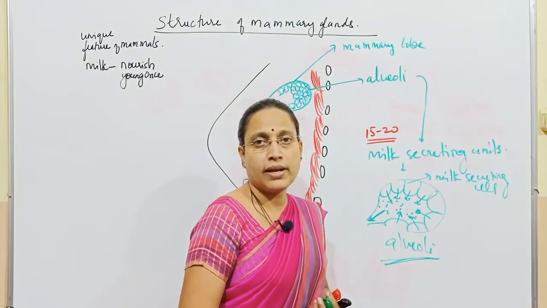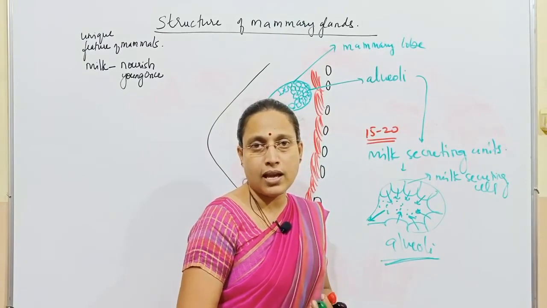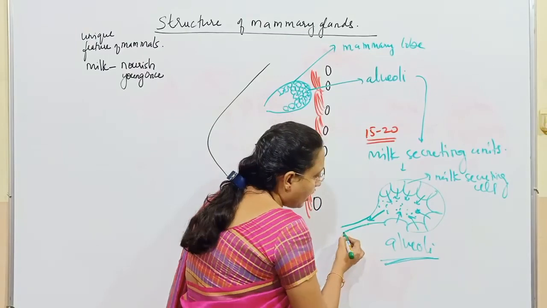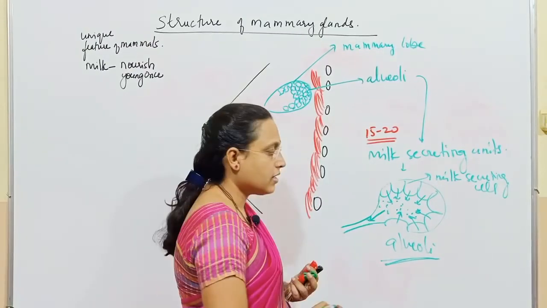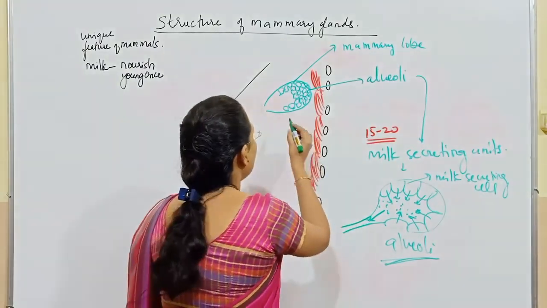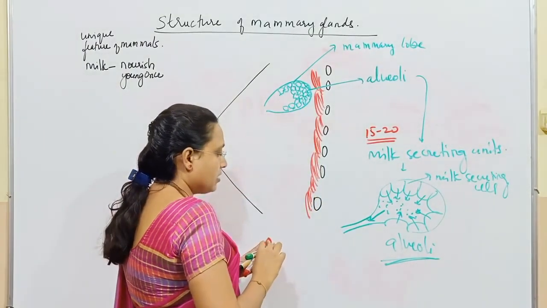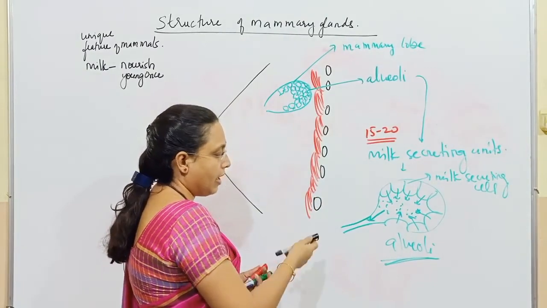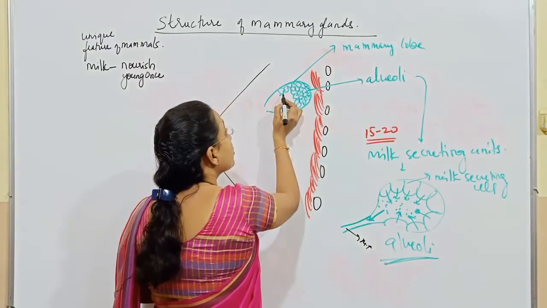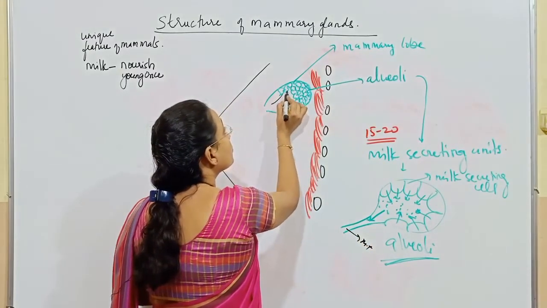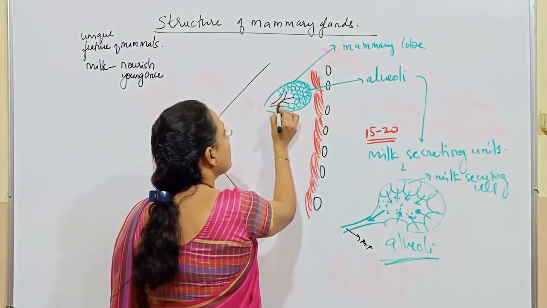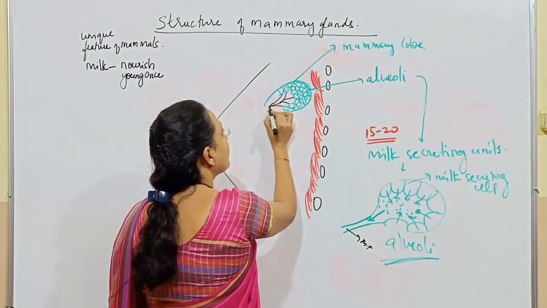Two main portions: one is the glandular portion, another is the duct portion. This duct arises from the alveoli. It is called the mammary tubule. So these should be ducts arising from alveoli. So here mammary tubules will arise from alveoli.